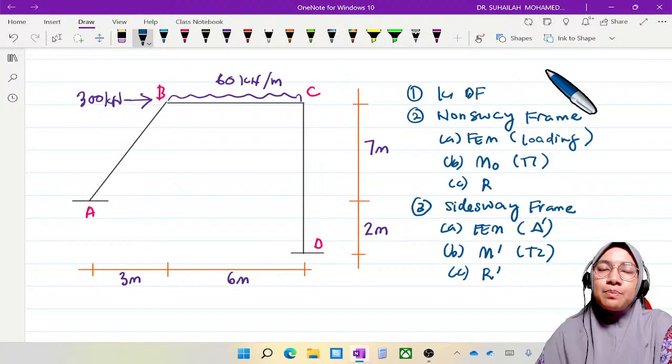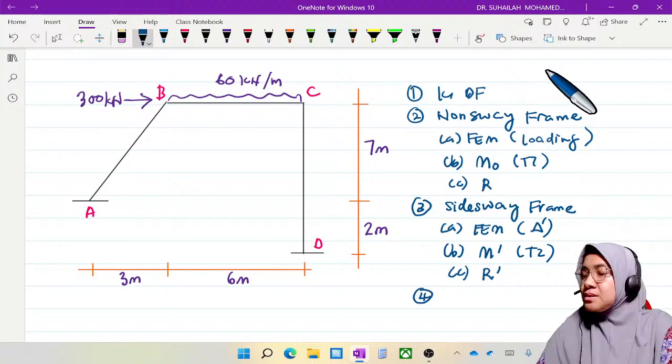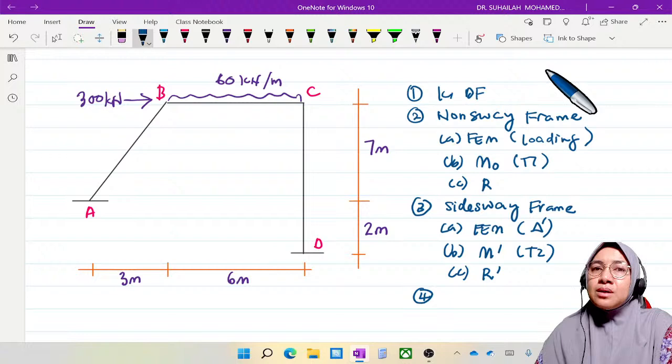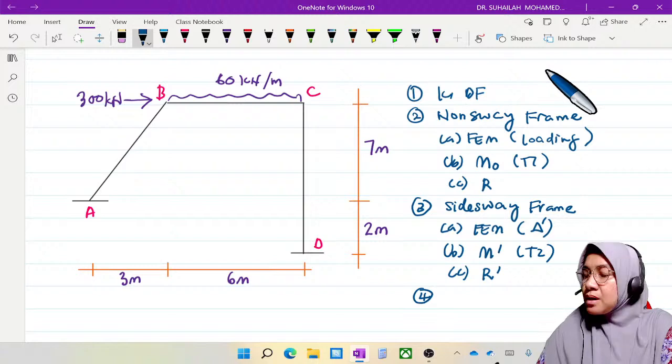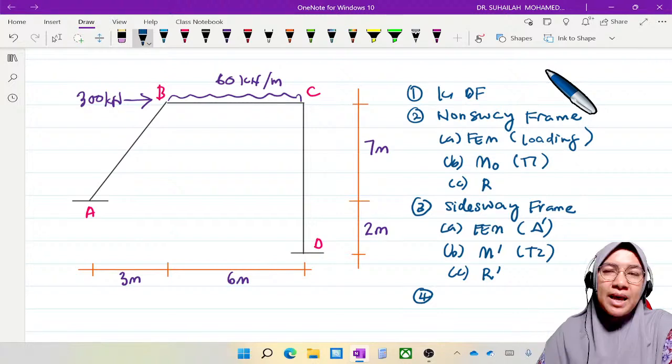And lastly, the final step is to use the equation that we get from the principle of superposition, because we have to calculate the final end moment, or the total end moment, considering both effects, both external loading and Sidesway, delta.